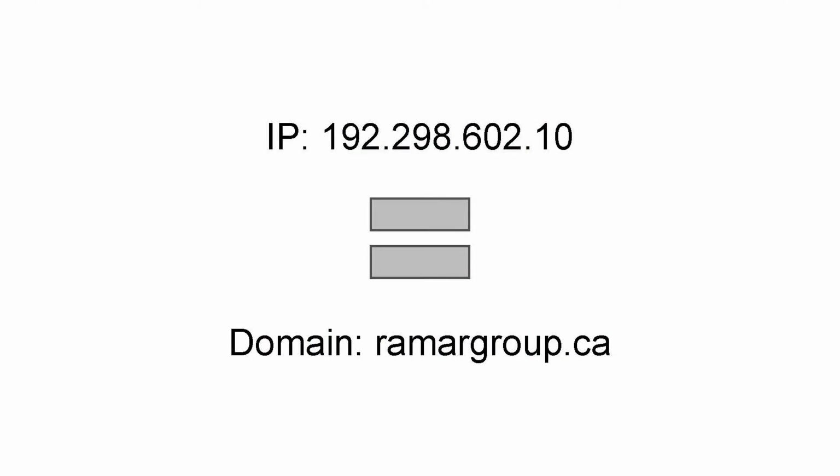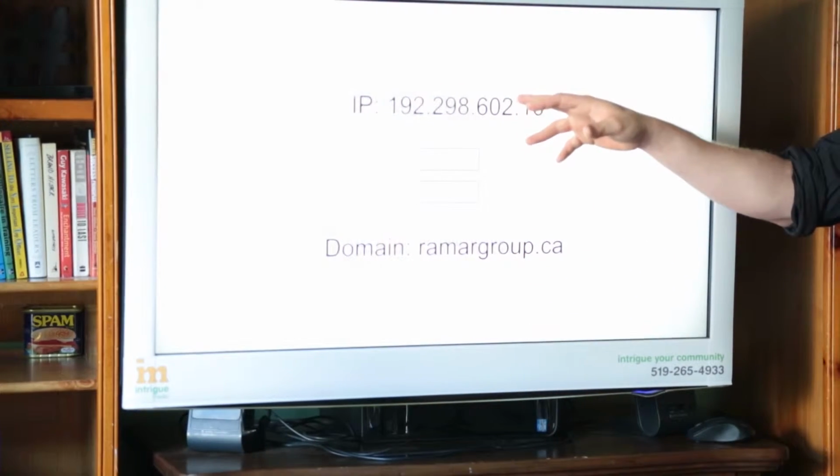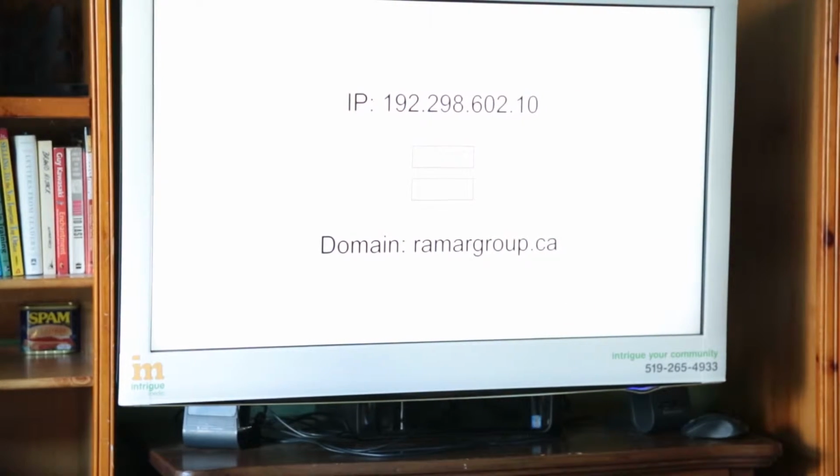IPs are very long strings of numbers like this that are easy for computers to read, but not necessarily easy for humans to read. That's why we invented domains. So this IP would be going to this domain. We just have the computers do all the heavy lifting for us.